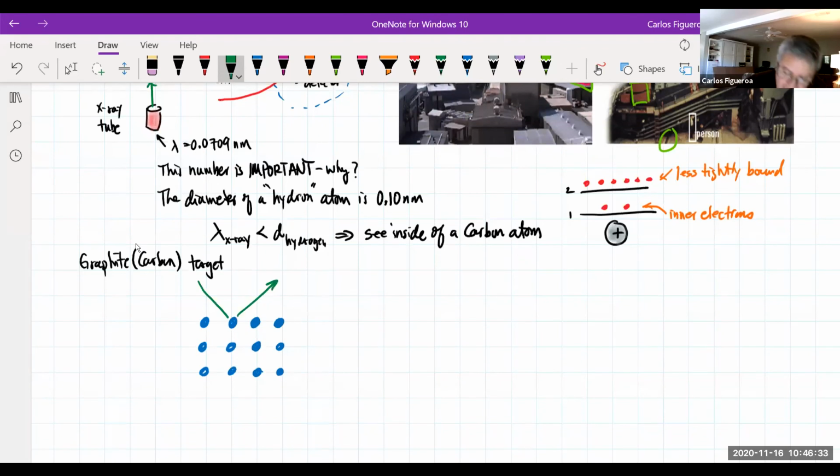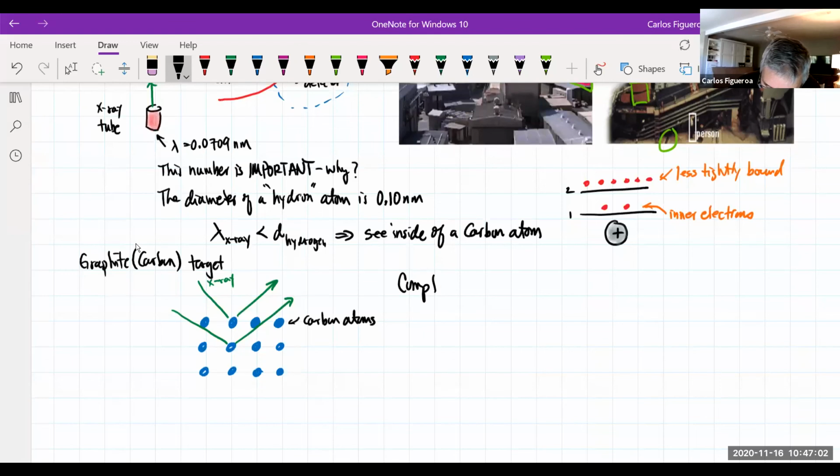We say light waves classically, but as they come in, they're going to interact with these things here. So these are my X-rays. These are my carbon atoms. And this is what ends up happening.